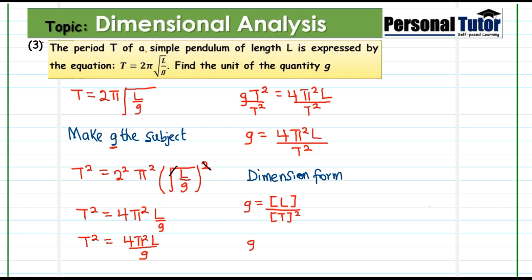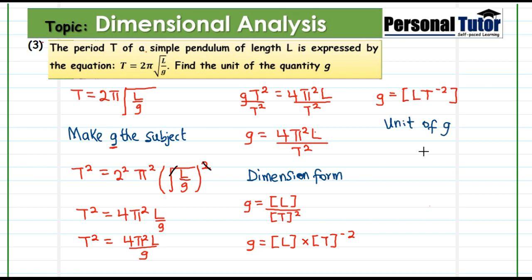Solving this will be L times, this then comes up linearly, and it will be t to the power minus 2. When brought together, you have G equal to L t exponent minus 2. This then becomes the dimensional equation for G.